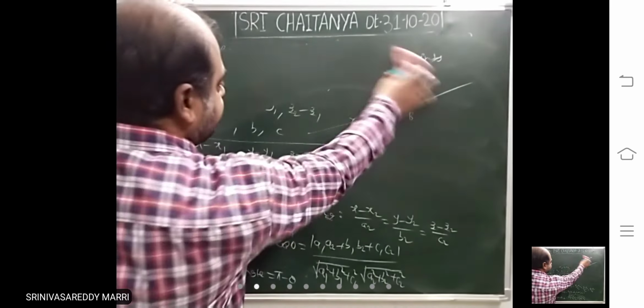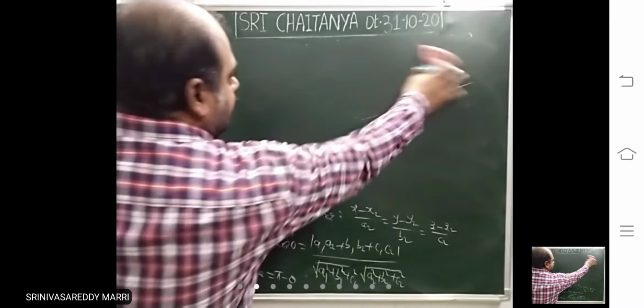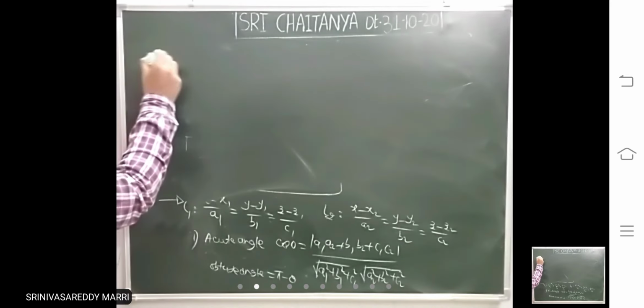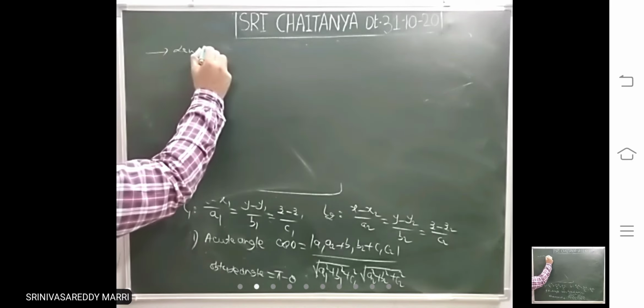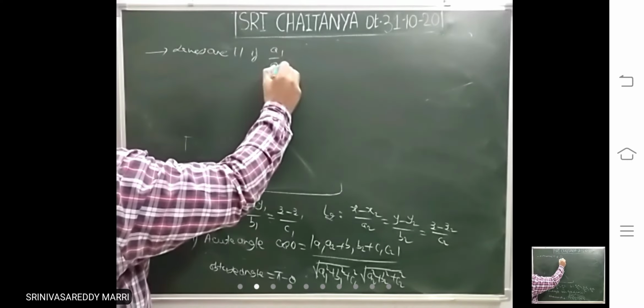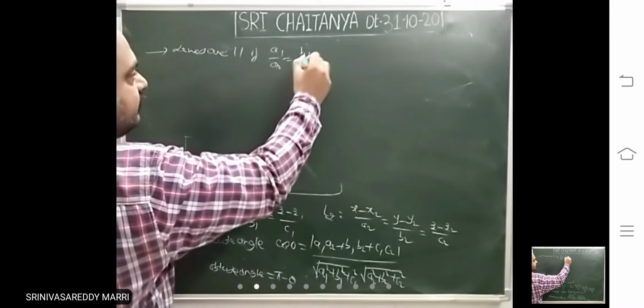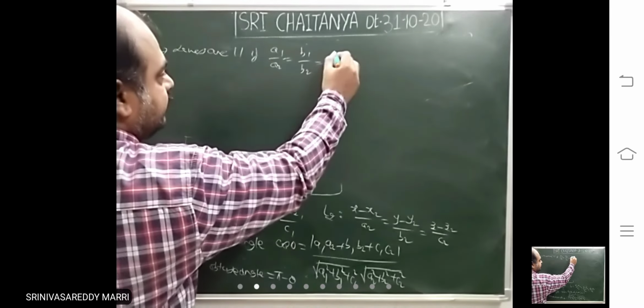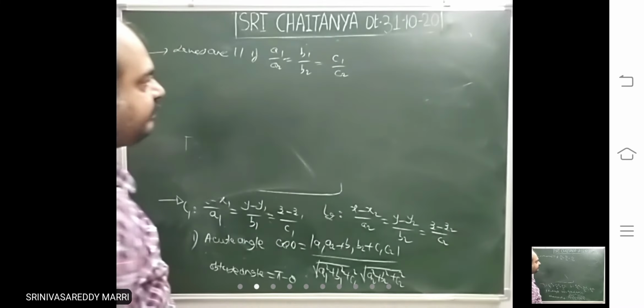Suppose we take an example. Lines are parallel if a1 by a2 equals b1 by b2 equals c1 by c2.